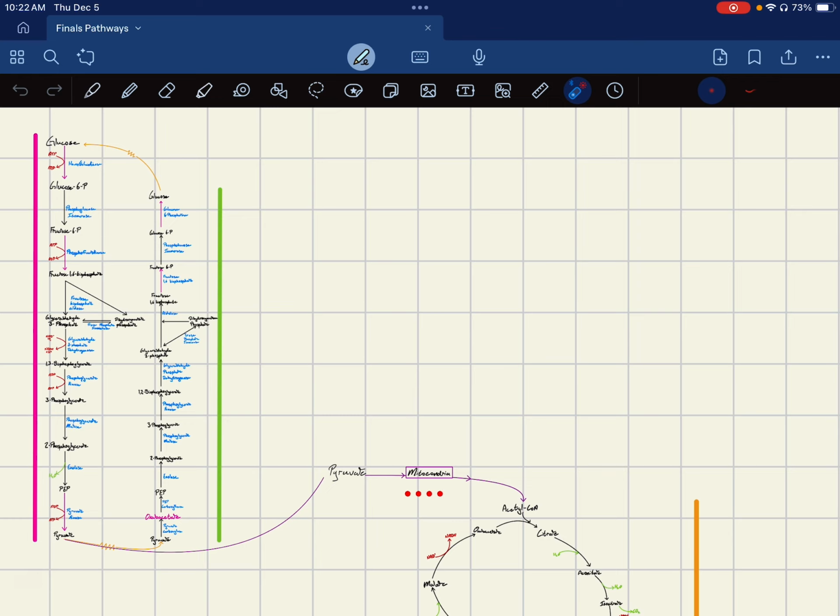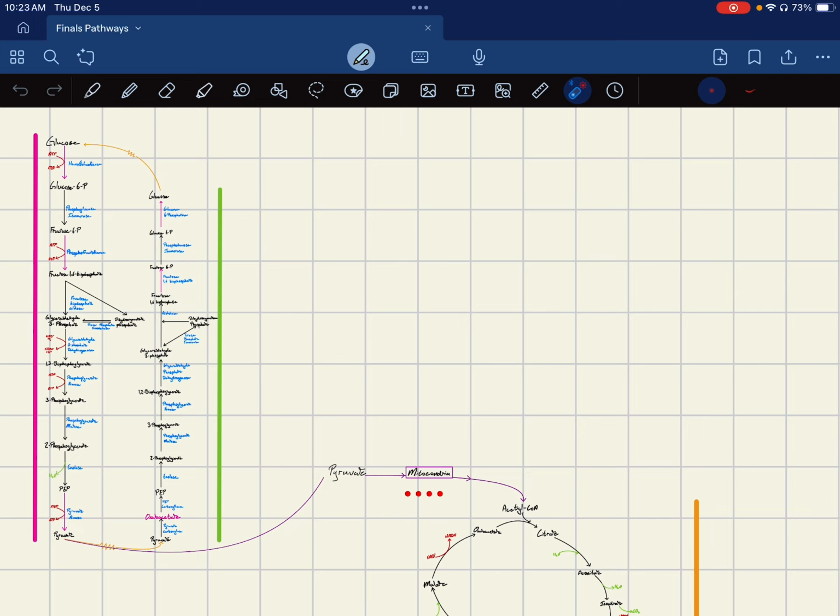And then going into our next pathway from earlier in the semester, we have gluconeogenesis right here, which is essentially the exact opposite of glycolysis. It's a pathway that allows the liver and kidneys to generate glucose from precursors like lactate, glycerol, and amino acids.